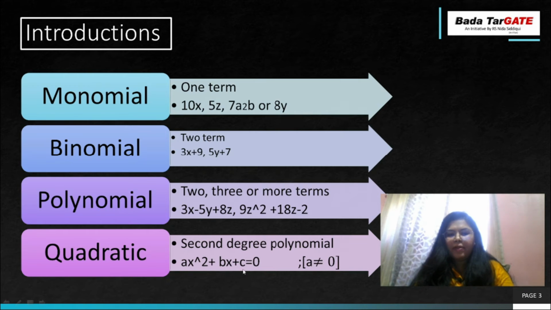We have only bx plus c, that makes it a linear form. It won't be a quadratic one. So the term quadratic comes from a Latin word quadratus, that denotes a square. So for quadratic we have a square term. It is a second degree polynomial equation, which has the standard form ax square plus bx plus c.